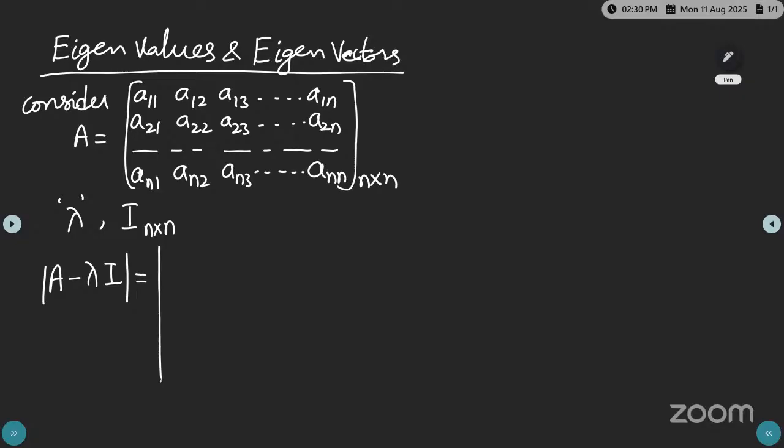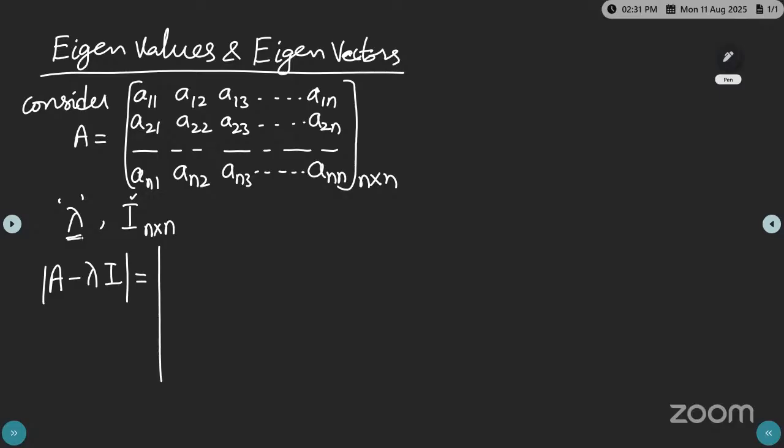I is an identity matrix of order n by n. Lambda is a parameter, or a changeable constant, or a constant having different values. A constant possessing different values is known as a parameter. Okay, write down.